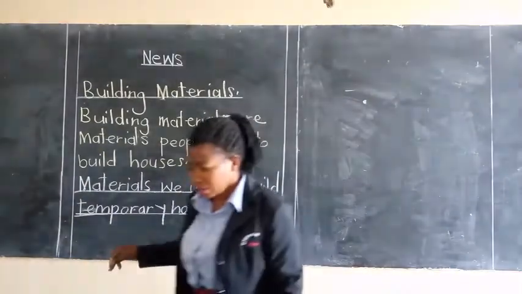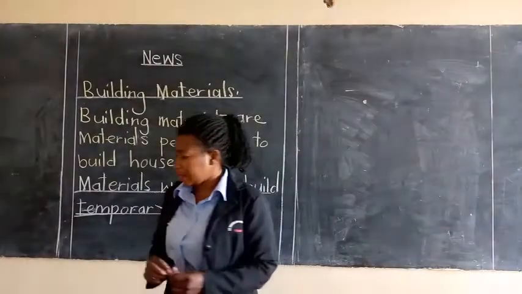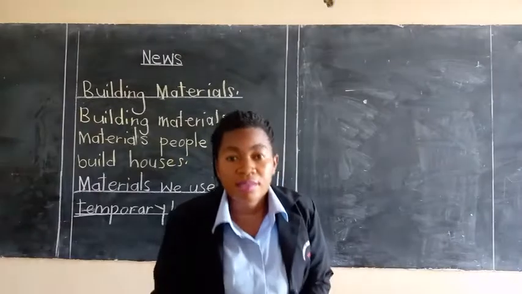What are these materials that we use to build temporary houses? The first material is grass.